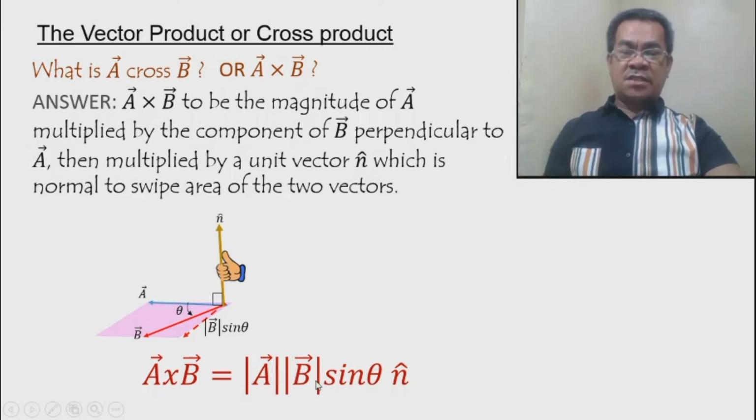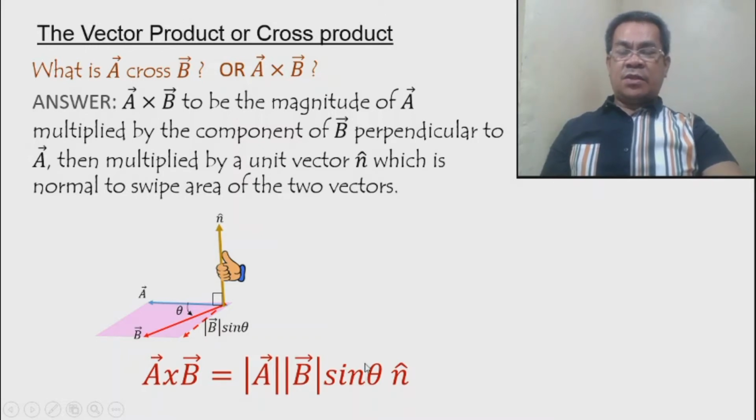Now in this case, perpendicular must be sine. And this will be the unit vector n hat. This is normal to the area. Remember, this is 1 unit. So therefore, if you multiply A magnitude and B, it is actually the magnitude of the cross product. And the direction will be the direction of your n hat.